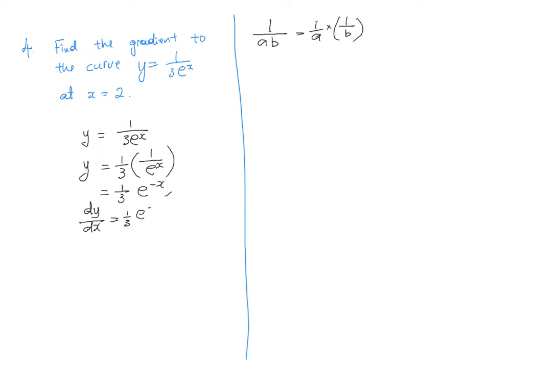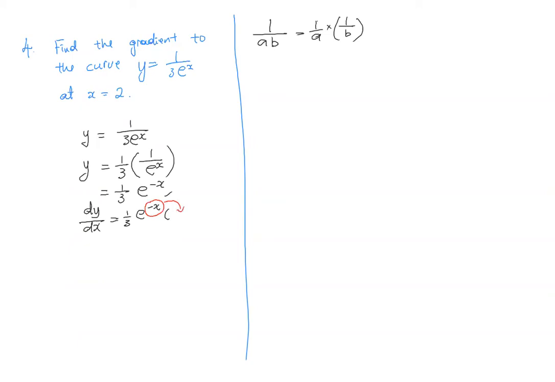You copy down the whole thing. Then after that, e power negative 2. Kevin, you are supposed to put the f prime x of this one here.